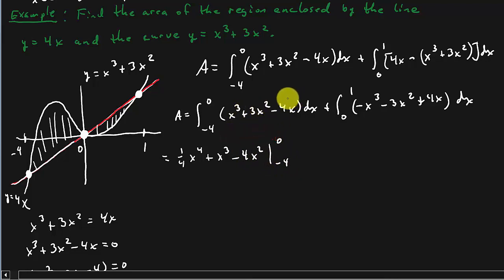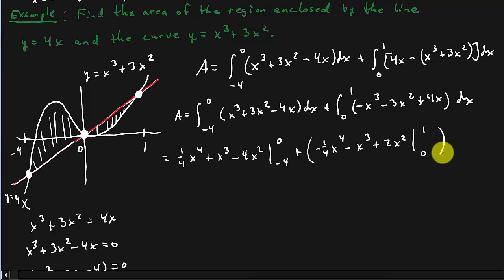We add 1 to the exponent, multiply by the reciprocal of your new exponent. Plus, and then for this one, we've got negative 1/4 x to the 4th minus x cubed plus 2x squared, and that's from 0 to 1.